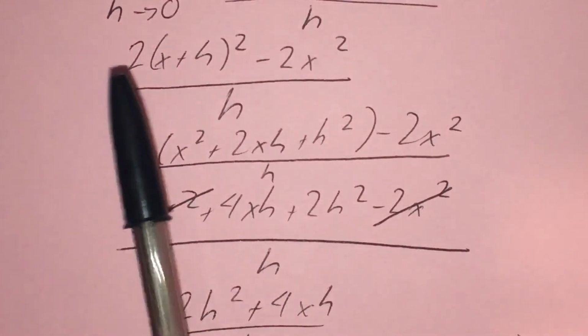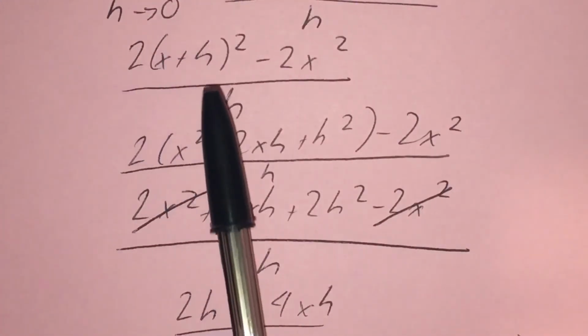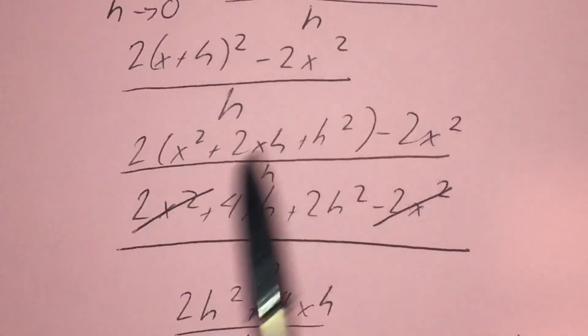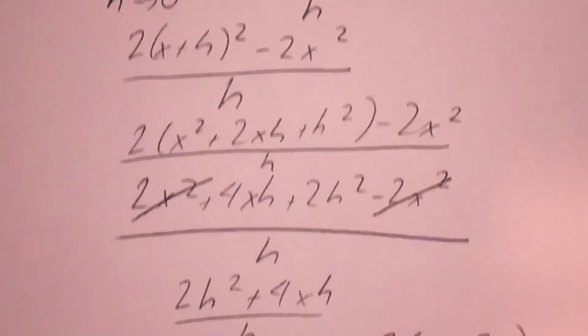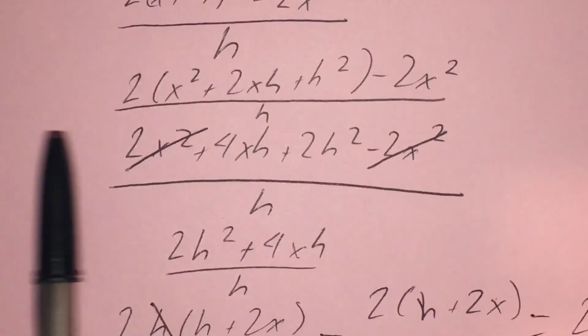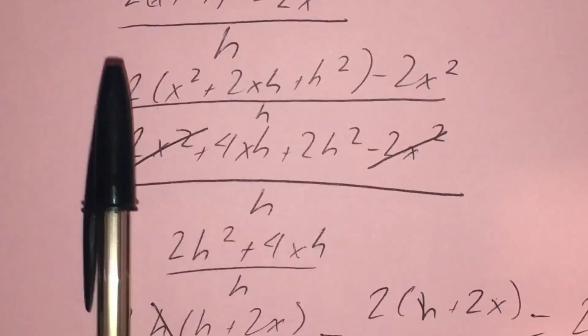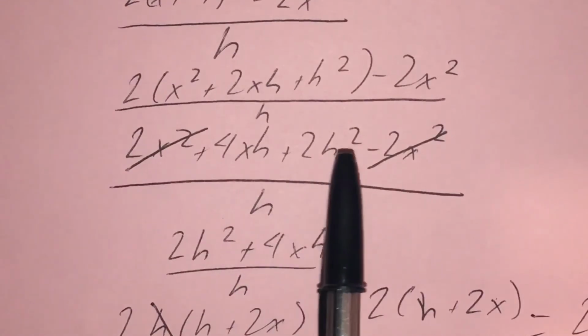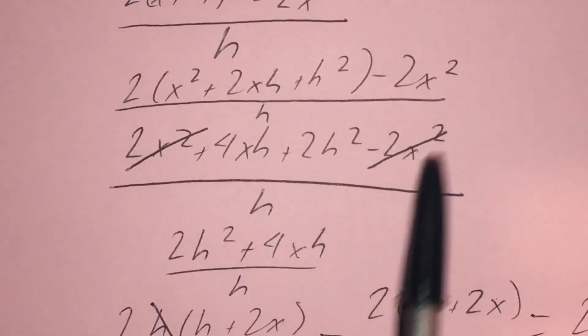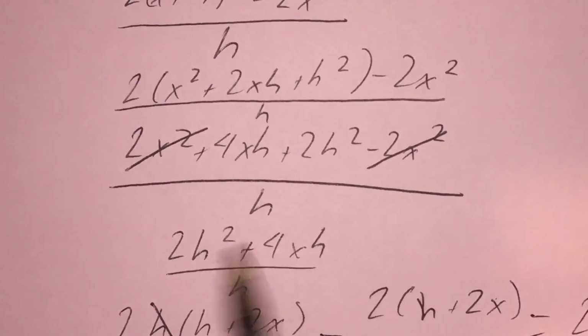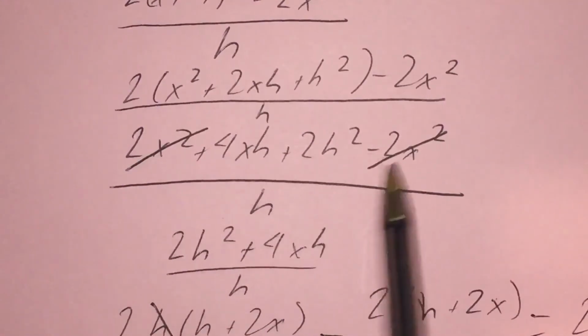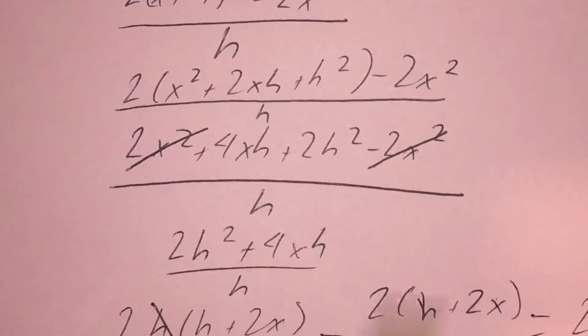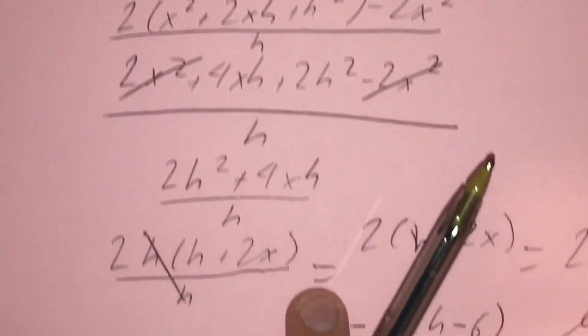Now when you plug it in, 2 times x plus h squared minus 2x squared all over h. Then you multiply it out, so it becomes 2x squared plus 4xh plus 2h squared minus 2x squared. Now, what you can do with the 2x squareds is you can cancel them out, since one's a negative and one's a positive. Remember, that's all over h.